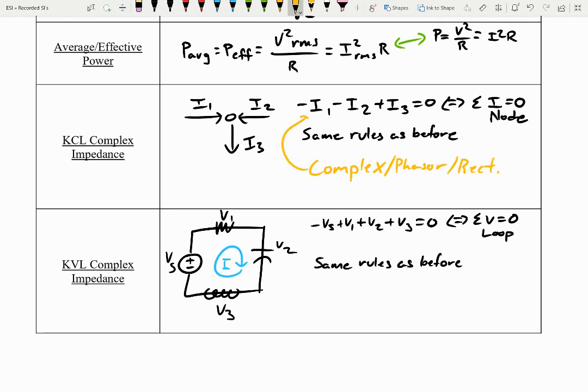Okay. Same deal with down here. So complex, phasor, rectangular. Okay. So we're just treating them the same way as we did before with just resistors, but now we're going to be using the X and Y values, the real and imaginary values. And we're going to see some of those applications here in just a minute.